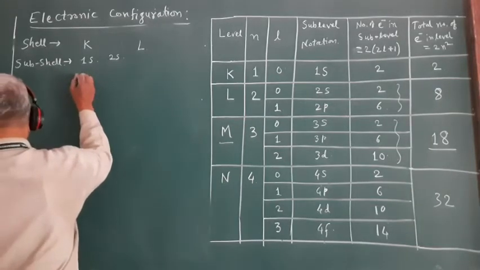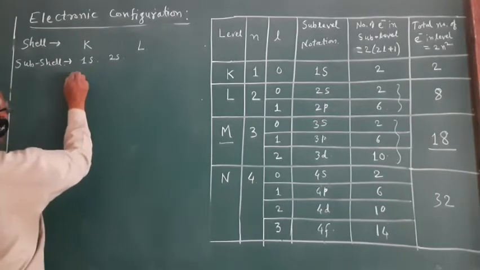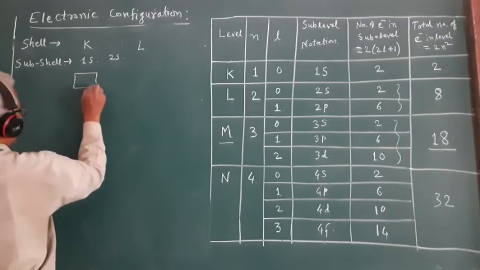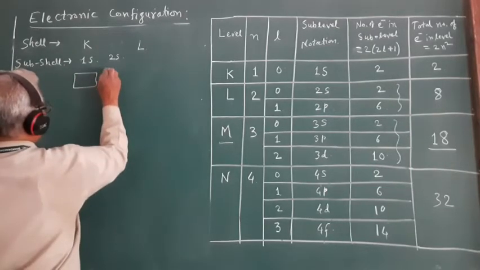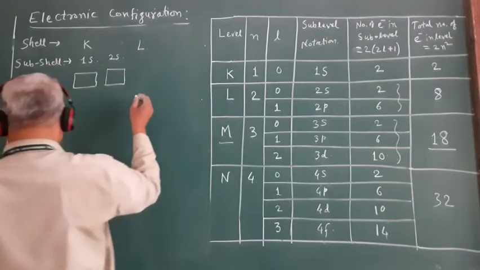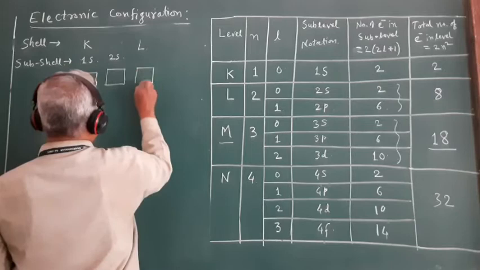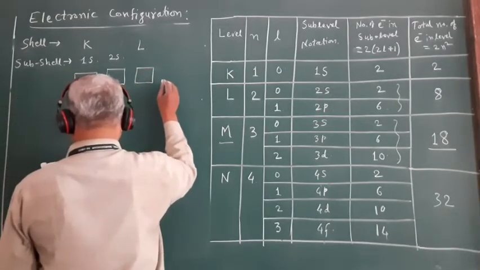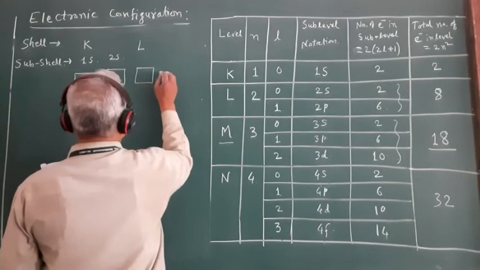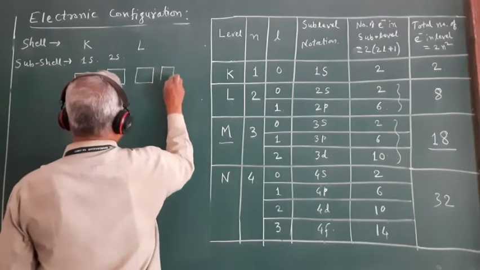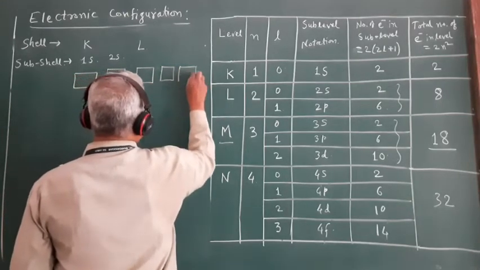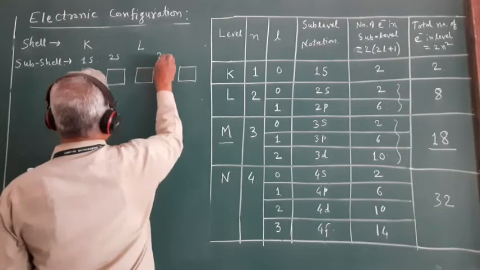Here we have 1s, 2 electrons, 2s, 2 electrons, then 2p, these are 2p.